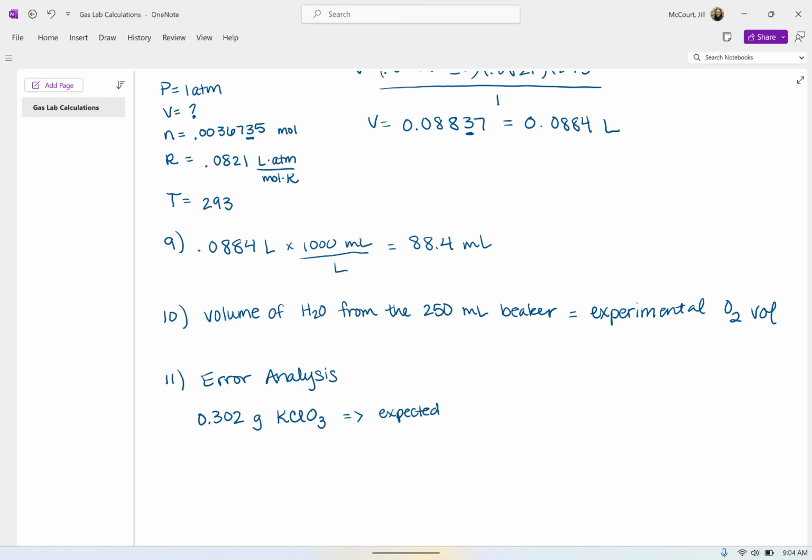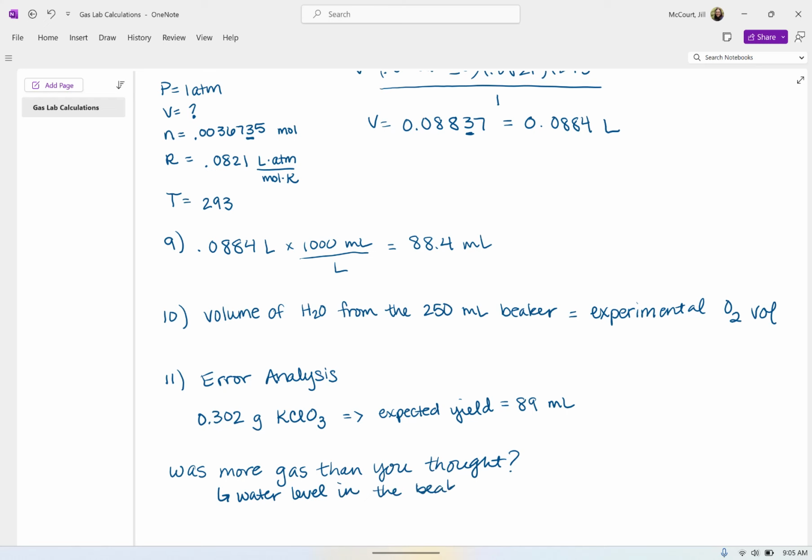Now, another thing is that if you want to think about perhaps you generated more gas, and this means that the water level that you measured, so the water level in the beaker, was too low.